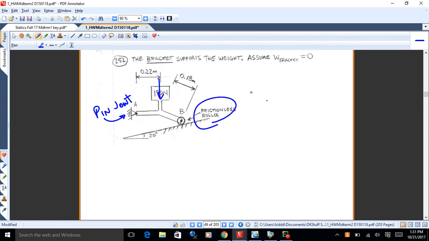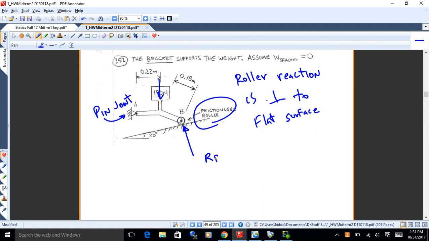Okay, so the roller reaction is perpendicular to the flat surface. That's the general rule when you've got rollers and such. Okay. So get that reaction at B in there like that. Be sure that you dimension this angle right here. So figure out what that angle would be.